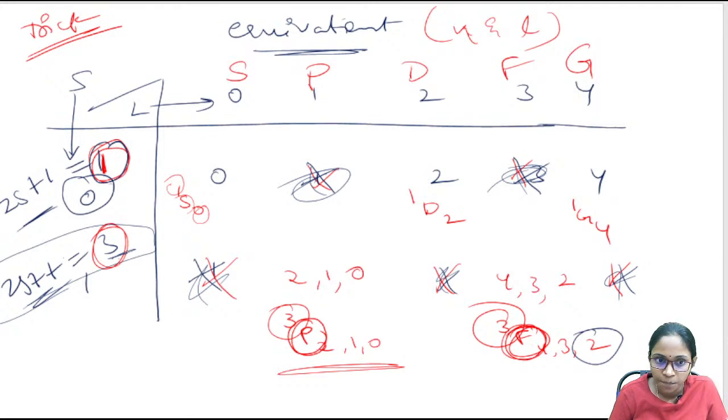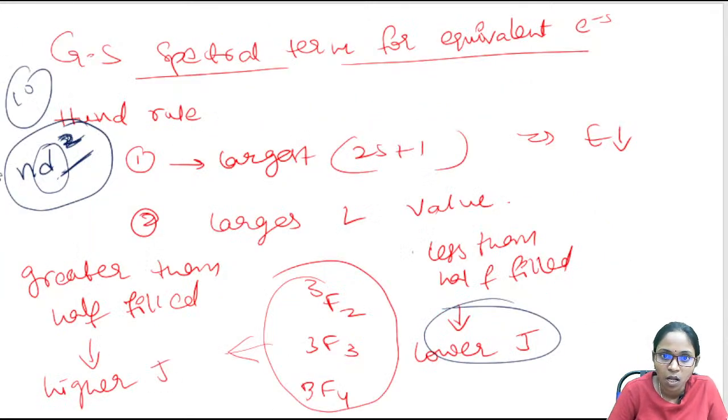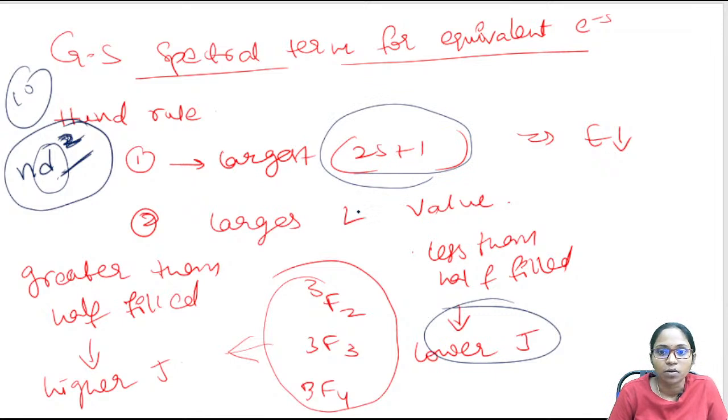Then after that you have to go with Hund's rule. First of all you have to go with the largest multiplicity. For the largest multiplicity energy will be lower, and after that you go for the largest L value. In our previous example we had 6 terms with the largest multiplicity.